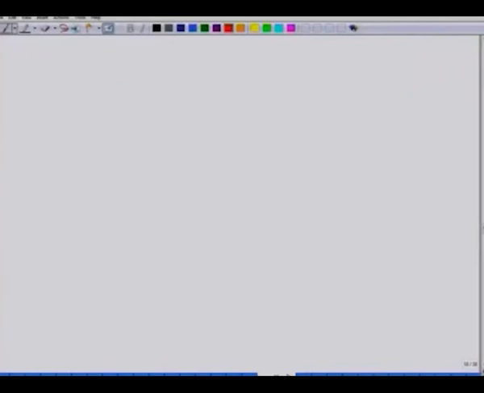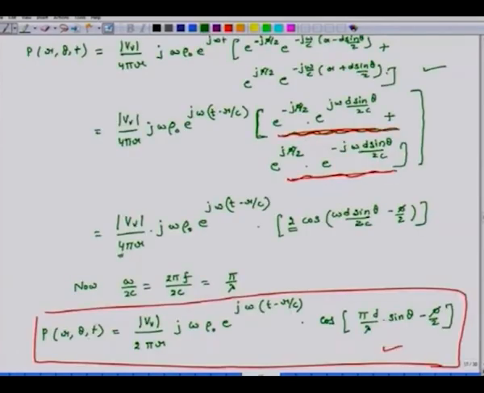So, I will rewrite this equation again, and what I will also do is drop the t term, because that is just e^(j omega t), for purposes of convenience.